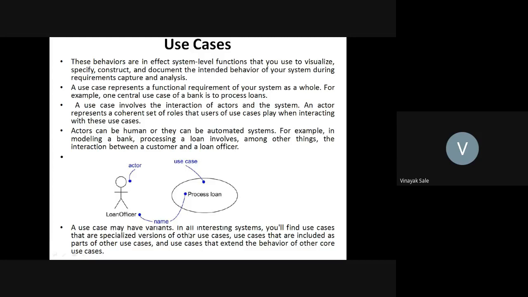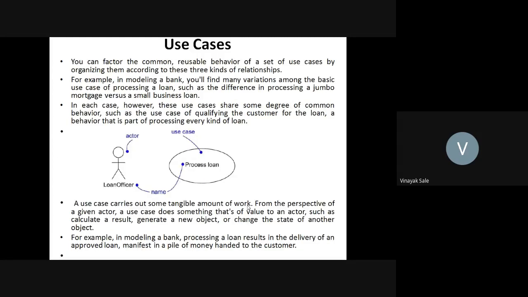A use case may have variants. In all interesting systems, you will find use cases that are specialized versions of other use cases, use cases that are included as a part of other use cases, and use cases that extend the behavior of other core use cases. So you can factor the common reusable behavior of use cases by organizing them according to these three kinds of relationships.